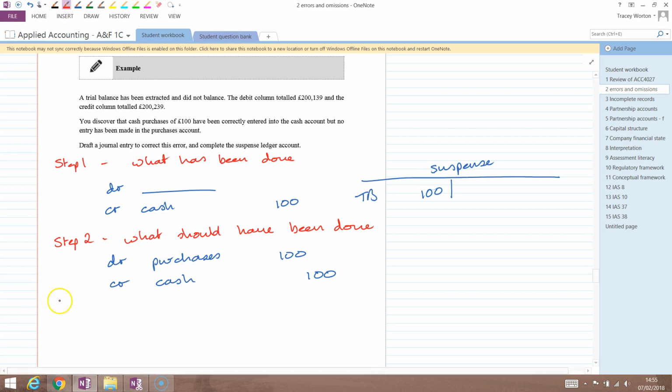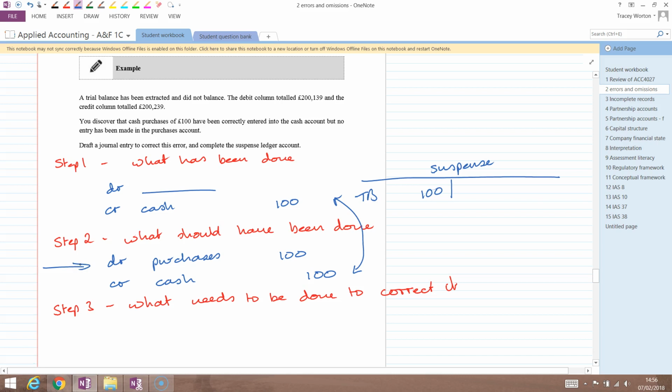So our final step 3, what needs to be done to correct it? So the cash account is correct, so we can't actually put another entry through to the cash account. And what we need to do is put an entry through to debit the purchases.